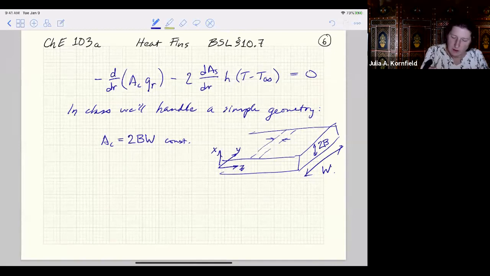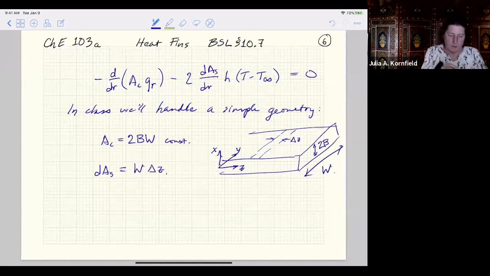So we have delta z, the z direction, and this area is then just the width times delta z. So the differential area dA_S, it's z in this case instead of r, is w.